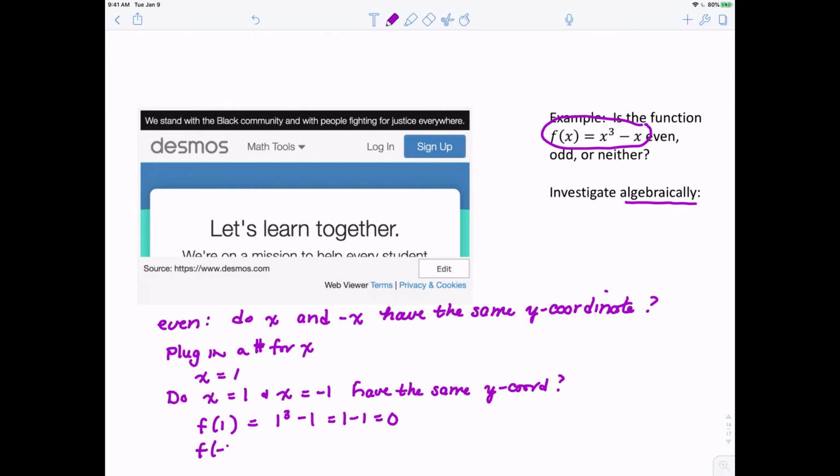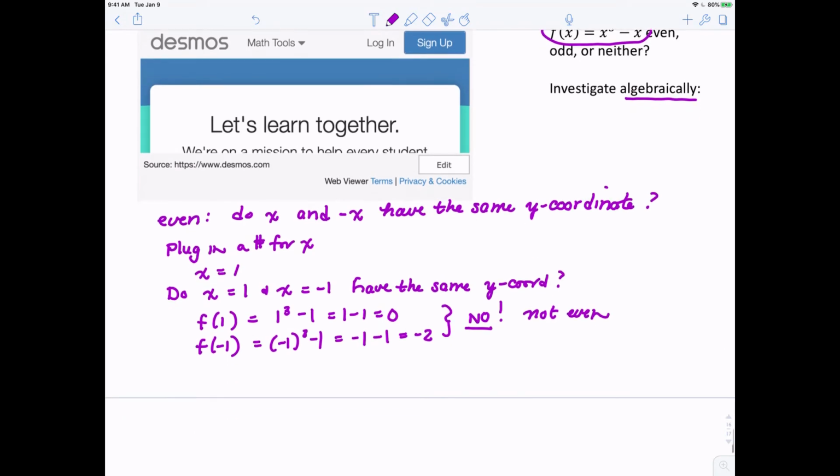And f of negative 1 would be equal to negative 1 cubed minus 1. Now, negative 1 cubed is negative 1, minus 1, and that gives us negative 2. And so, do x equals 1 and x equals negative 1 have the same y coordinate? The answer to that is no. So I can say that this function is not even.